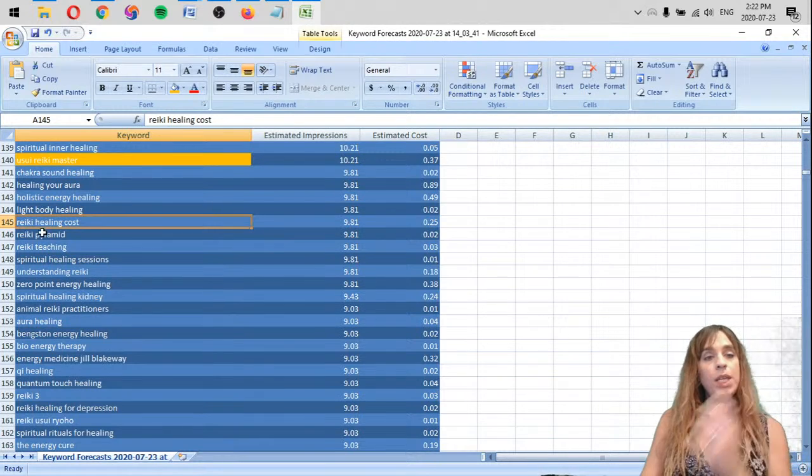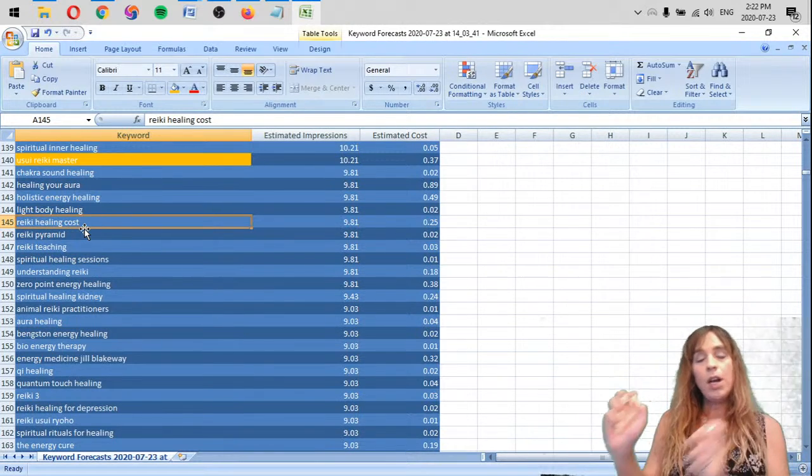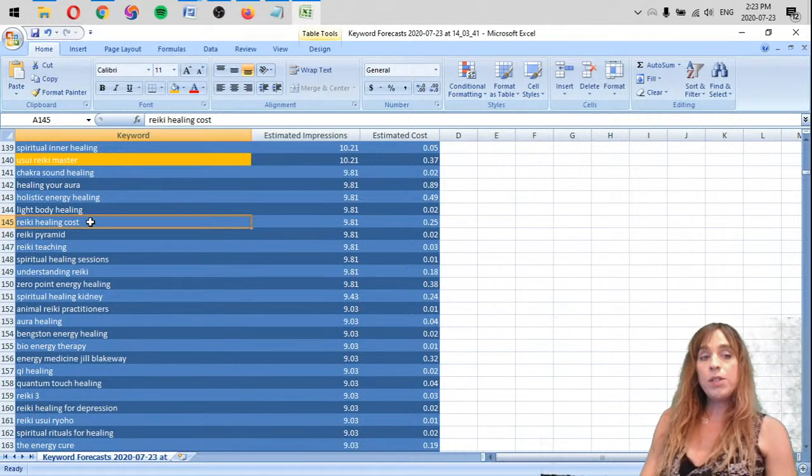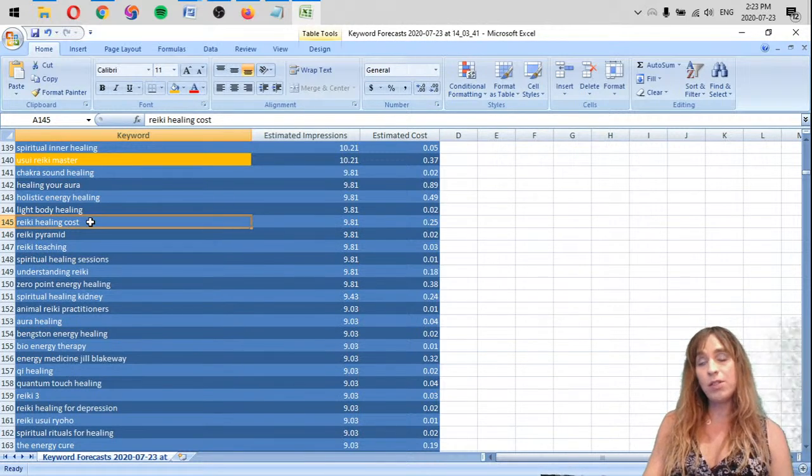Whenever I find keywords that are related to cost, I always delete them. Because even though someone might be looking for a Reiki healer, what you never want to do, if you're an SEO, is start sending cheapskates to your clients. Those are going to be the types of leads that are the biggest hassle to deal with.